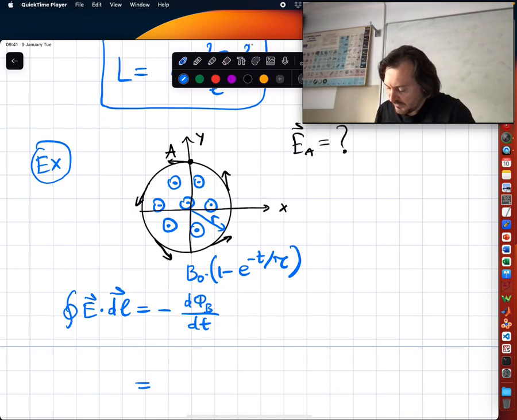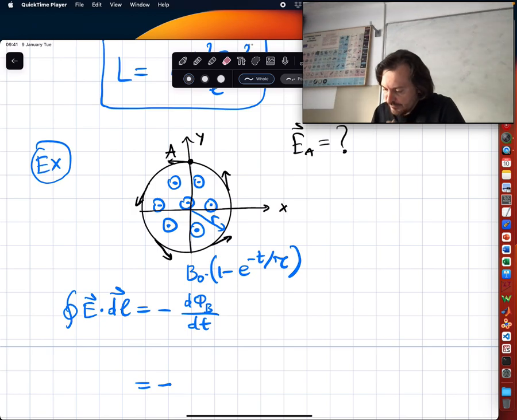The right-hand side gives us minus of this minus. And then the derivative of 1 gives me 0. I have a minus because of the minus in front of the exponential. I have a third minus, so this is a second minus.